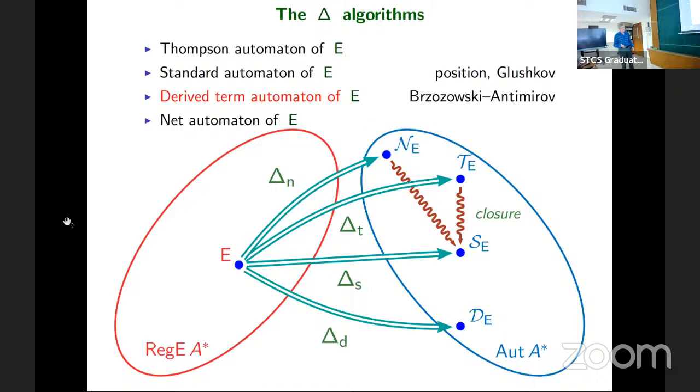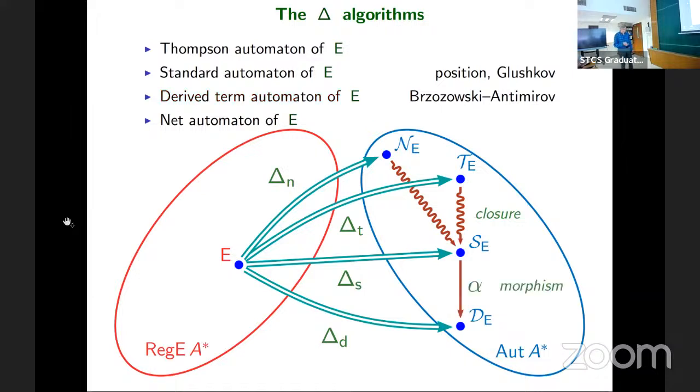Okay, and now there is something which, in my experience, is less known. We have a definition of an automaton defined by Brzozowski. In fact, I like much more the variant defined by Antimirov, and I call it the derived term automaton. In fact, I don't like to give people's names to objects, because it tells you nothing.